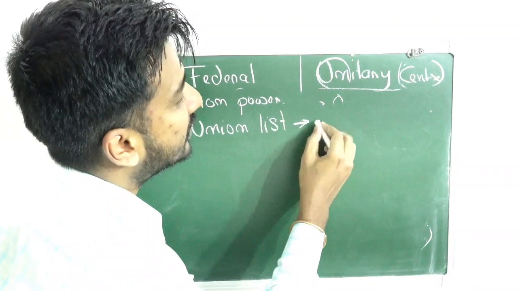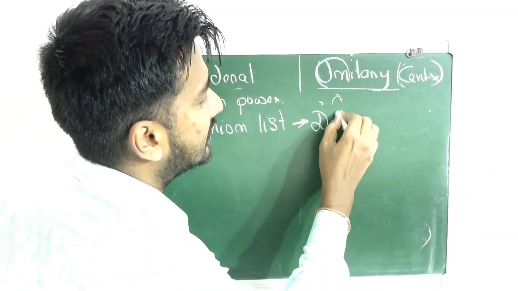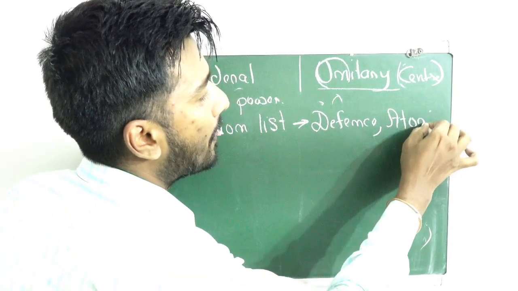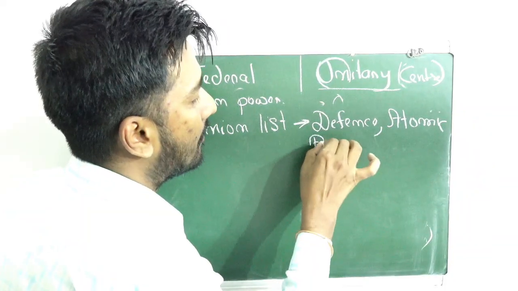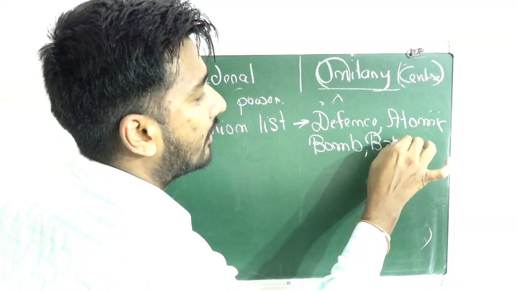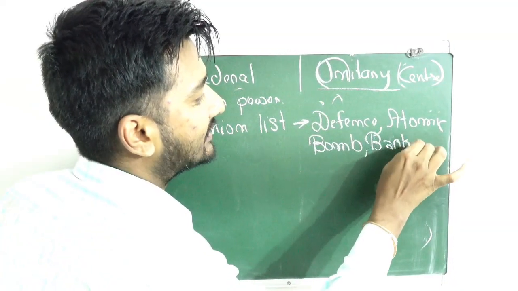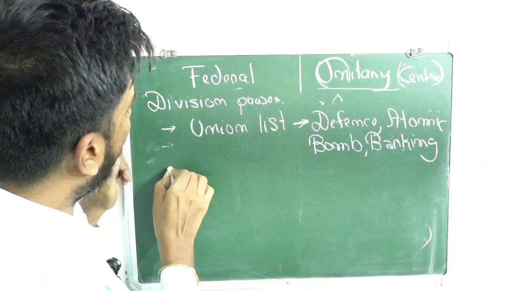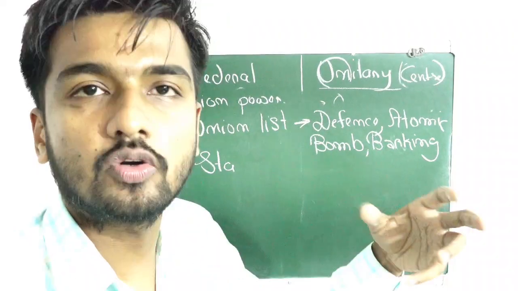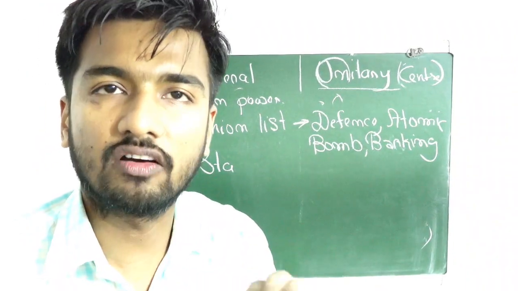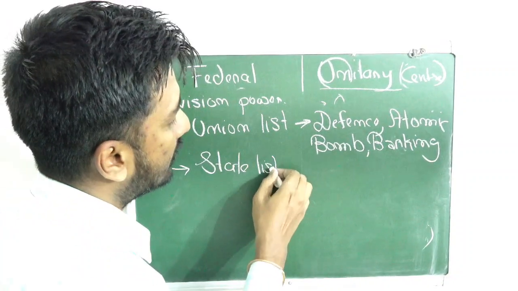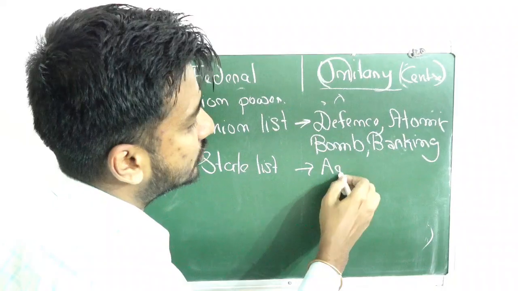What comprises the union list is defense, atomic bomb, banking, etc. Now, what is the state list? State list is the spheres or areas in which only the state government can make laws. State list comprises agriculture.